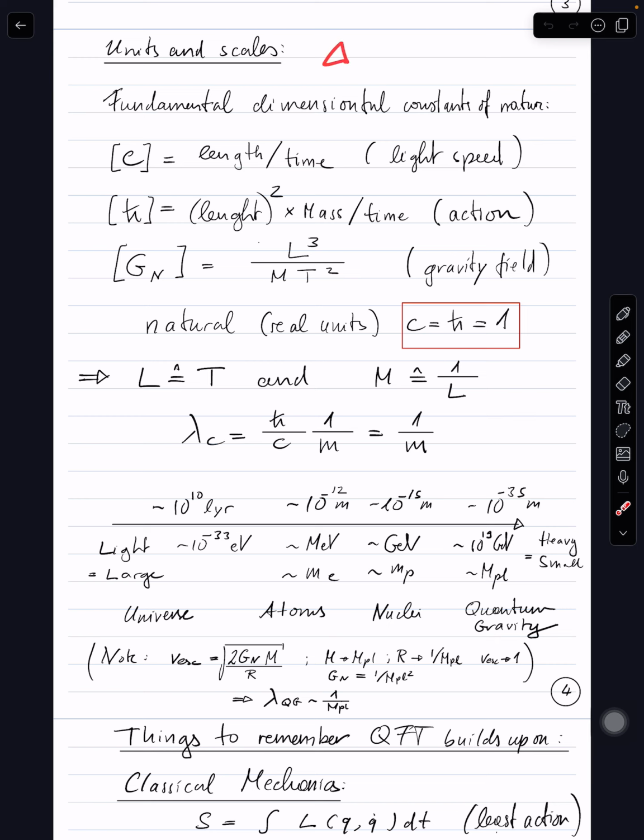We can derive its units maybe from the uncertainty principle, delta p times delta x bigger than h bar, right? And we find that it's length squared times mass divided by time. Those are the units of action. So when I draw these square brackets, I always mean the unit of a certain quantity. And then there's the Newton constant, where we can find the units, for example, from knowing that the gravitational force is equal to the Newton constant times m1 times m2 from two bodies divided by their separation squared.